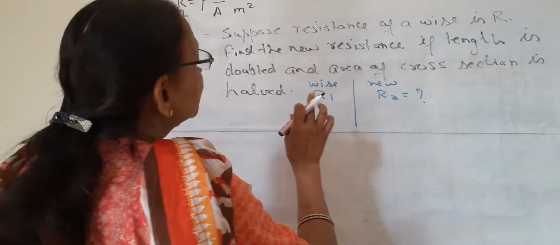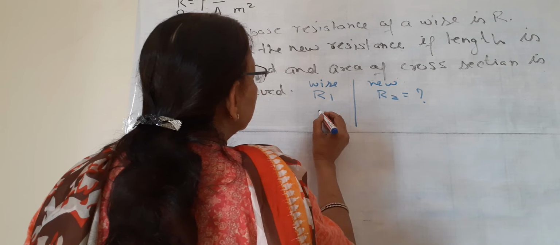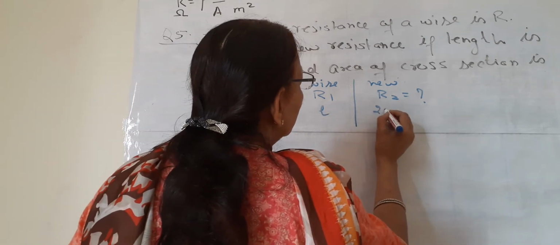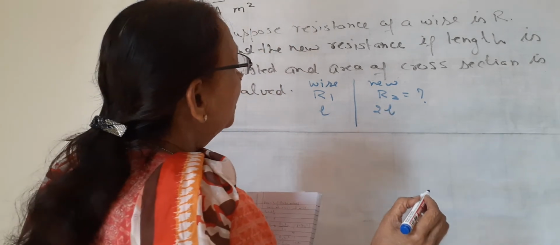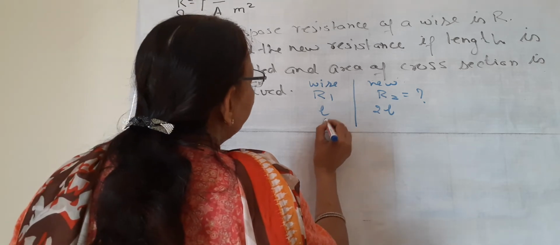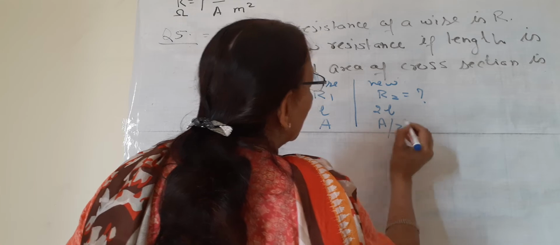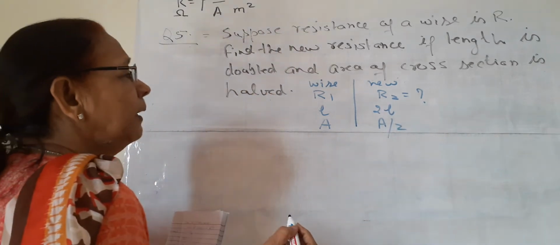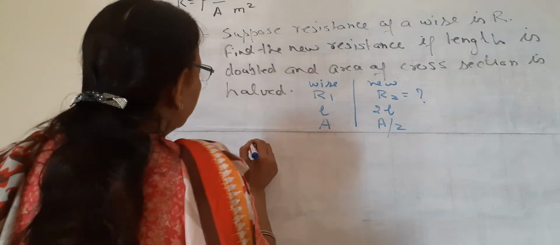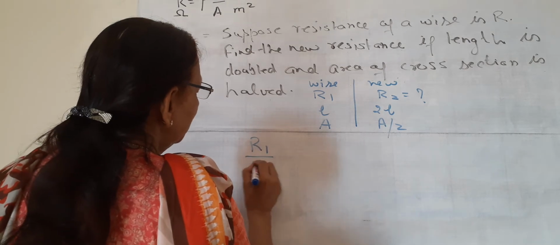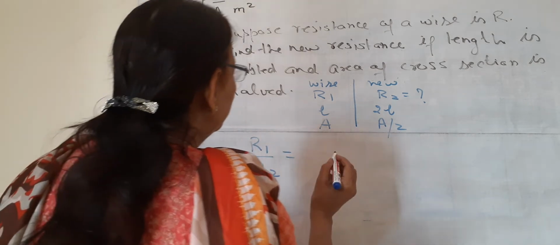If length is doubled. So if this has L length, now the length is doubled to 2L, and if area is here A, area of cross section is halved. It is A by 2. So simple, the ratio will be R1 upon R2.